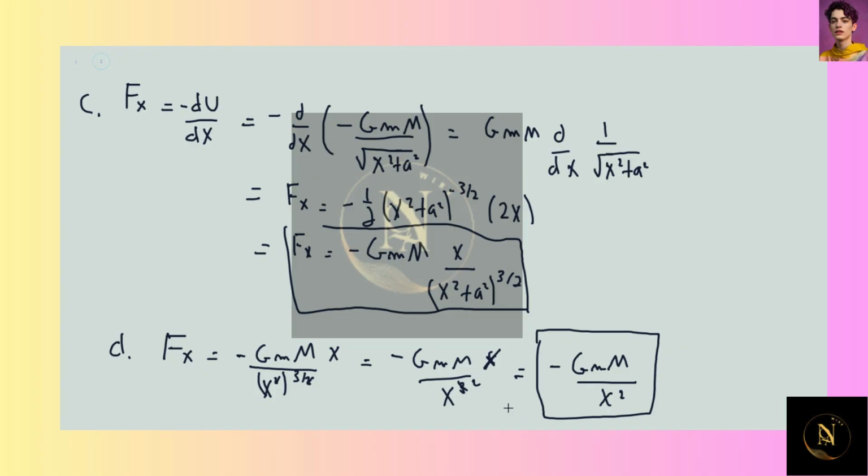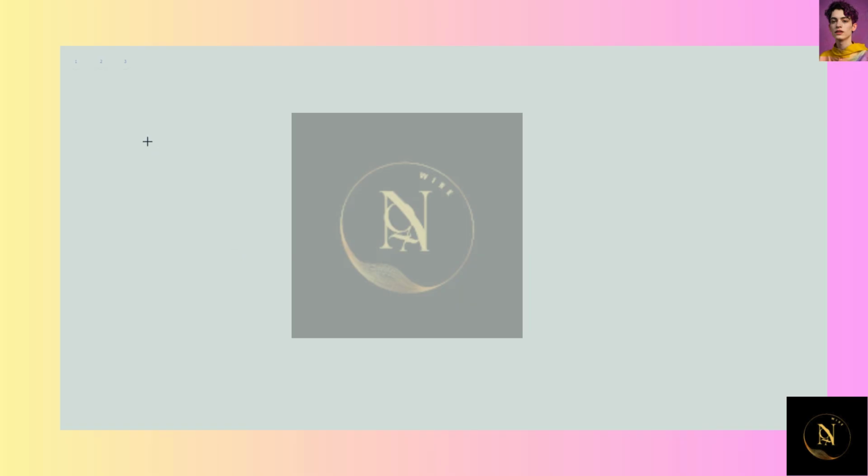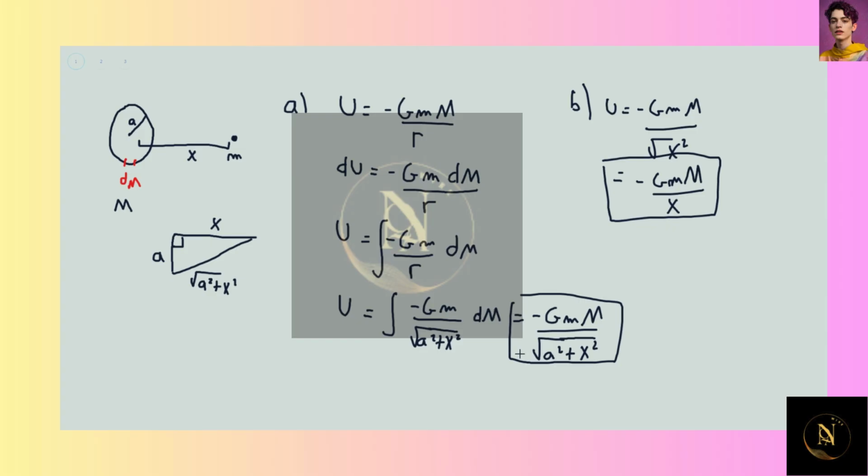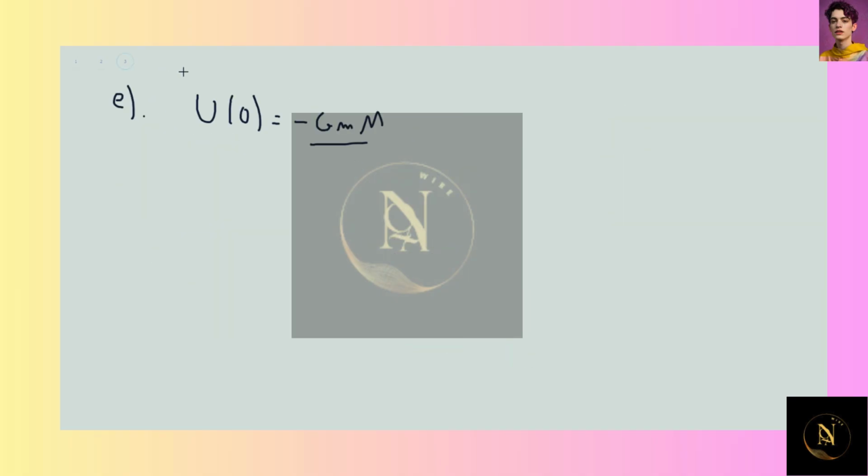And finally then part E, we'll go on one more new page. So part E wants us to evaluate the potential at x equals 0. So the potential for x equals 0 should just give us negative G little m big M. And looking at the potential term again, if x is 0, we'll just have the square root of a squared in the denominator.